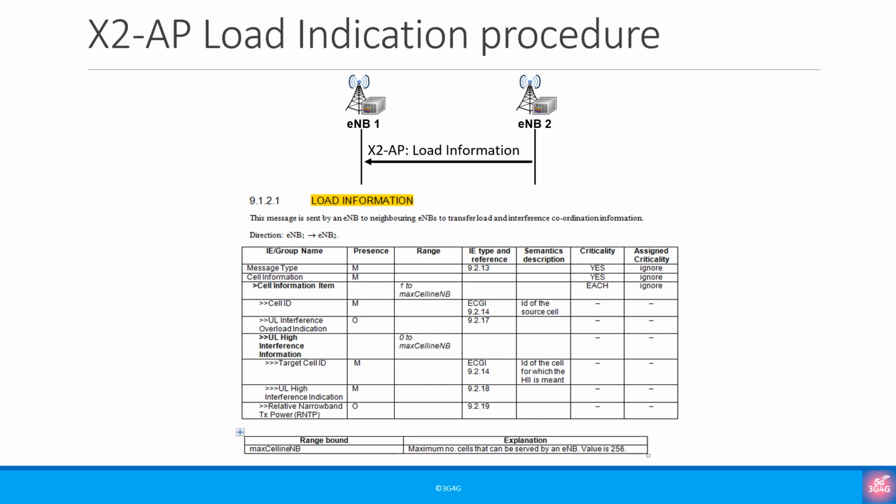The third is the list of uplink resource blocks in which the base station intends to schedule distant mobiles. Here, the second base station is expected to avoid scheduling uplink transmissions from distant mobiles in those resource blocks so that it does not return high levels of uplink interference to the first.